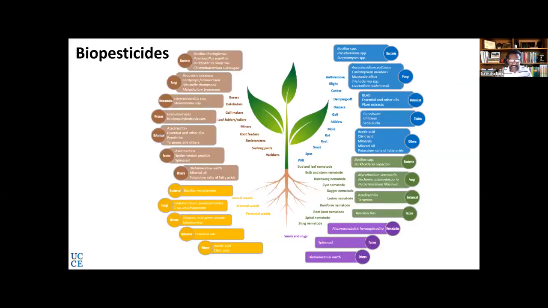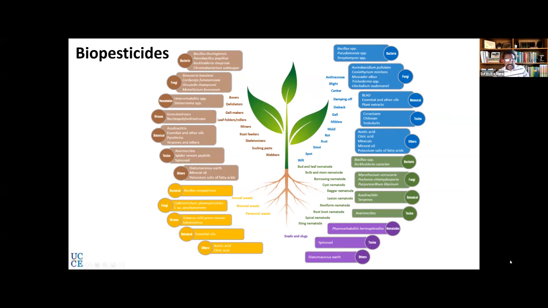And the next slide is all kinds of biopesticides. I was working for the past few days to put this together, looking at a lot of literature and the information I have. So what you see here is all these arthropod pests, then various kinds of diseases, nematodes, snails and slugs, and different kinds of weeds.